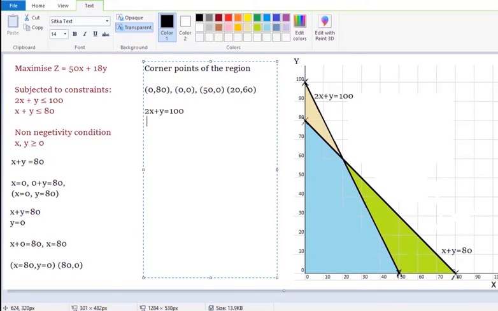Second equation is x plus y equal to 80. Okay, so these are 2 equations. So I need to solve them. How is it possible? To do that, I'm going to subtract the second equation from the first equation. This is first equation minus second equation.